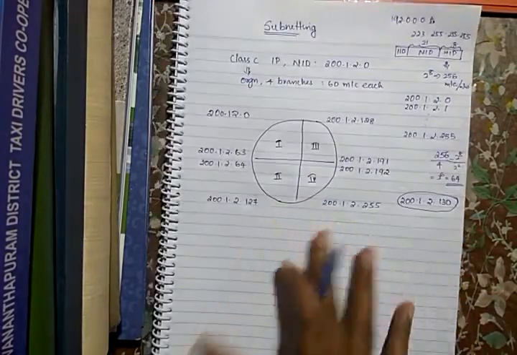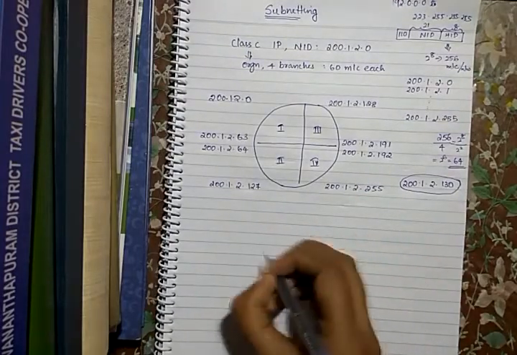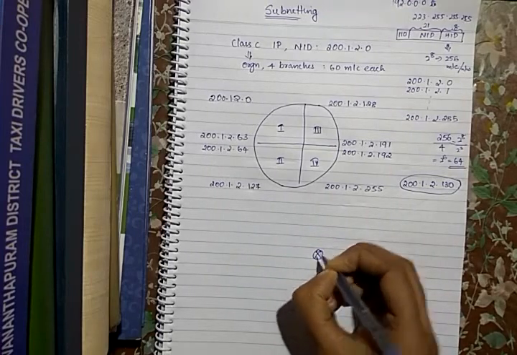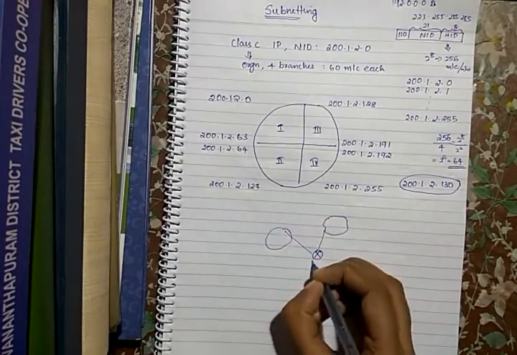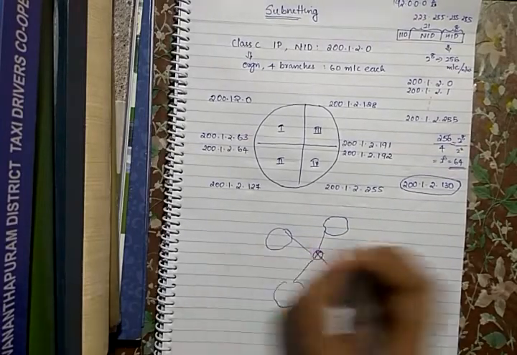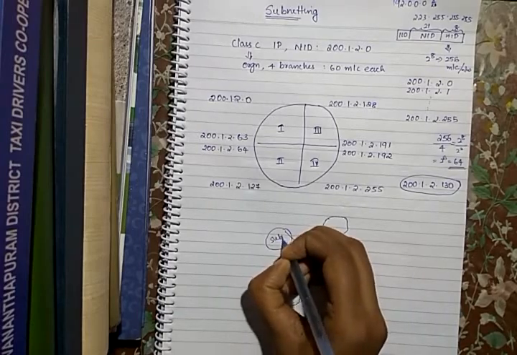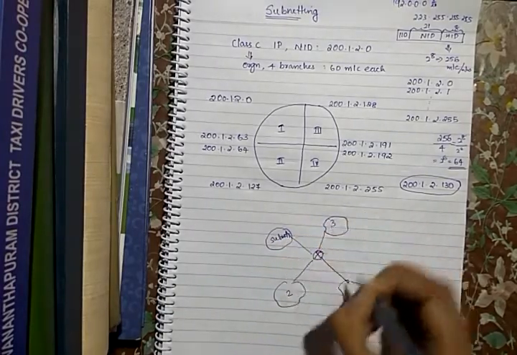As of now, the total 256 addresses we divided into 4 subnets. This is our subnet 1, this is subnet 2, subnet 3 and subnet 4.